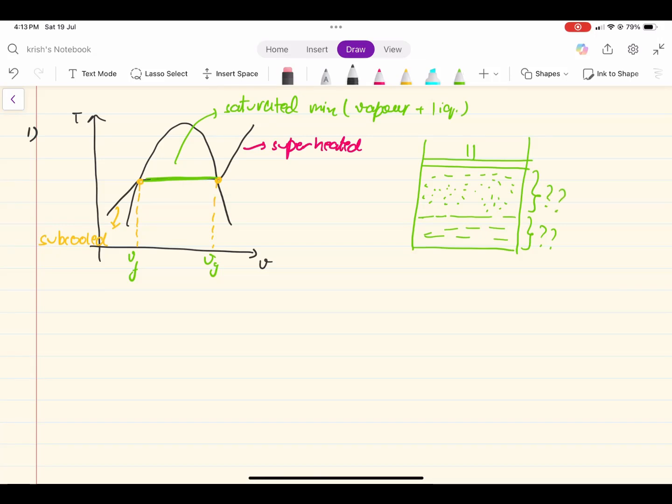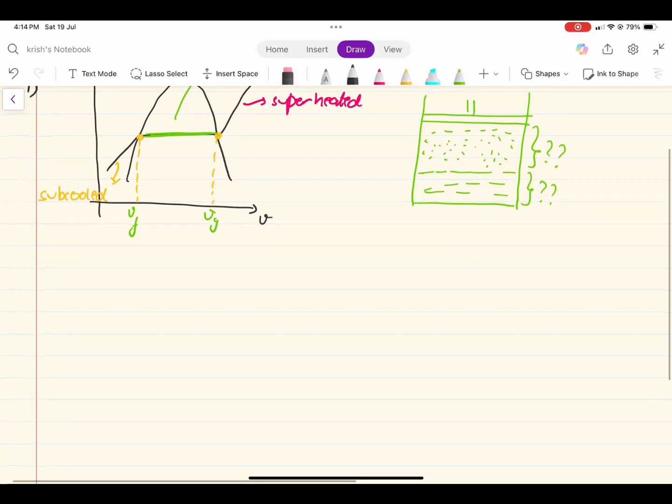So for that purpose, we define something called the dryness fraction, and this is a very useful quantity. It is denoted by small x. Some people do write it like this also, but personally I find small x to be more convenient.